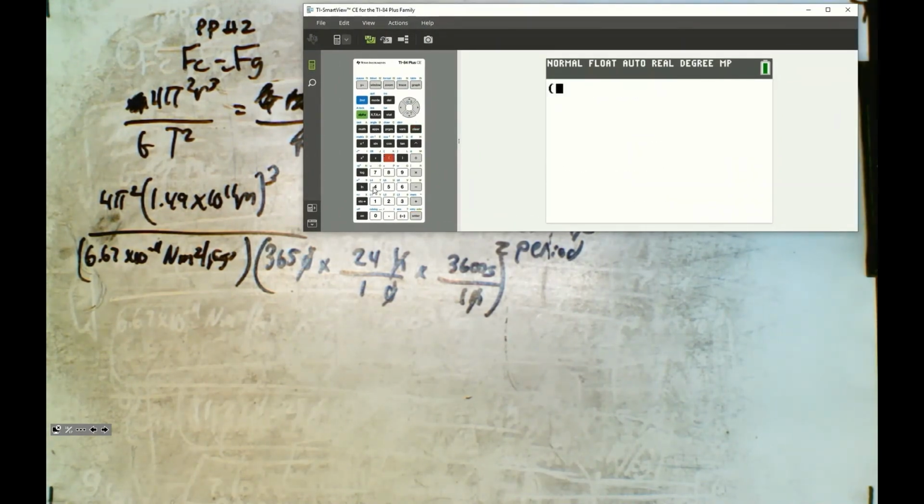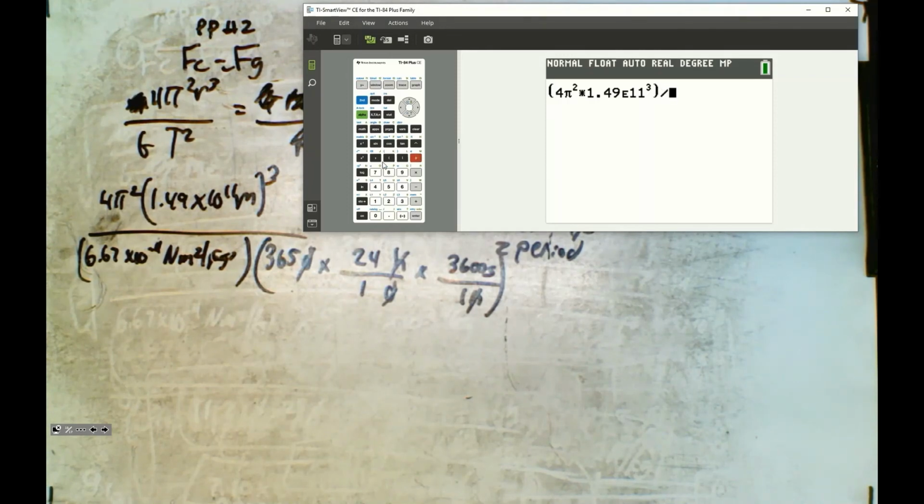Actually, that's a pretty good spot right there. So I'll start my bracket. I'll go 4 pi squared times 1.49 times 10 to the 11. And that radius needs to be cubed, so I'll go math 3, and it'll just cube that because I put it right after it, and it's inside the brackets.